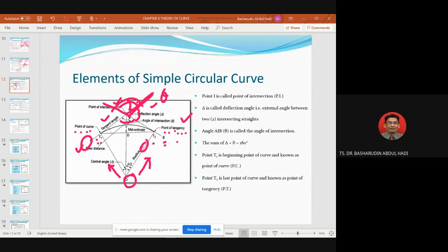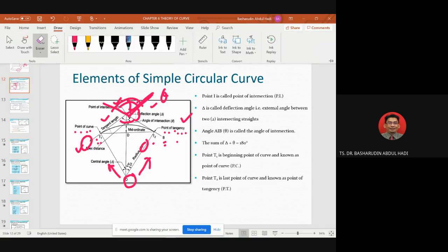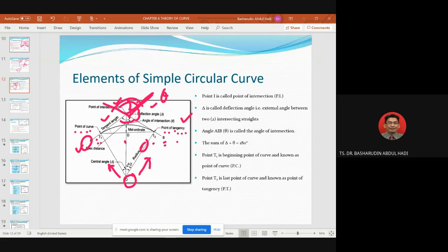So then you can get point D. Okay. And T2 and T1 is a point of tangent, or sometimes we call it a point of curve. So from this, we call it a simple circular curve. We understand that this curve is from A to B.